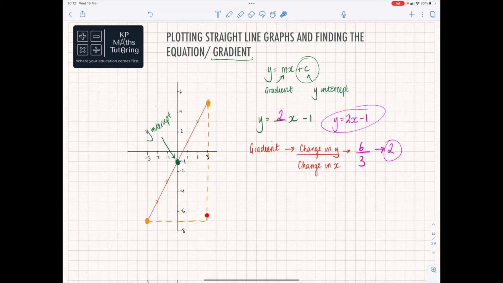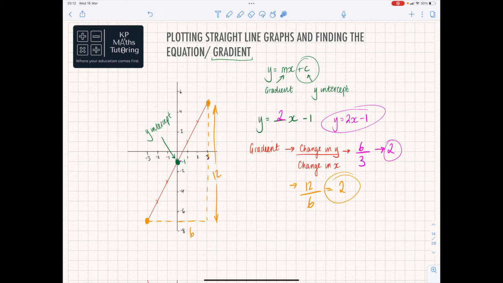Let's count how many squares up: 1, 2, 3, 4, 5, 6, 7, 8, 9, 10, 11, 12. So my change in y is 12. And my change in x, 1, 2, 3, 4, 5, 6, is 6. 12 divided by 6 is 2. So I still get the same gradient. It wouldn't matter which 2 points you choose as long as they cross perfectly in the corners of the coordinates.